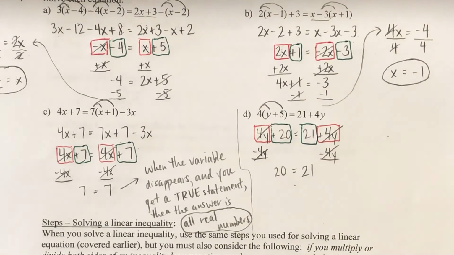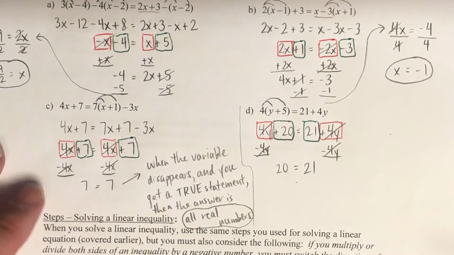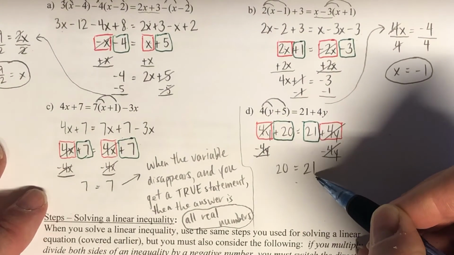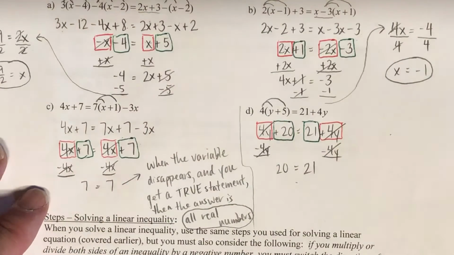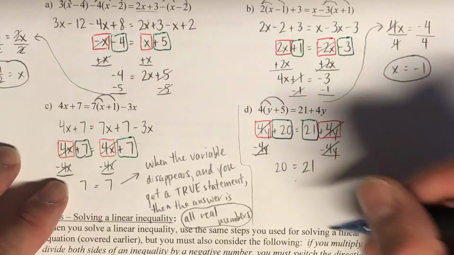So you see what happened here? Once again, the variable disappeared, just like in problem C here. The only difference is that we now have a false statement. If I said to you 20 is equal to 21, you would say, no, no, no, that's false. So this time it's false.